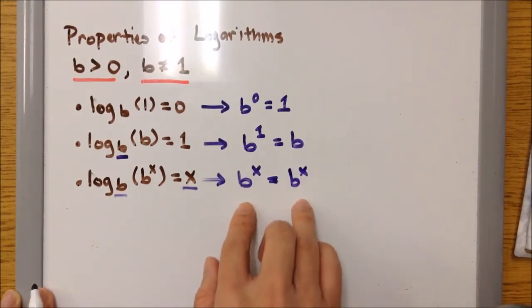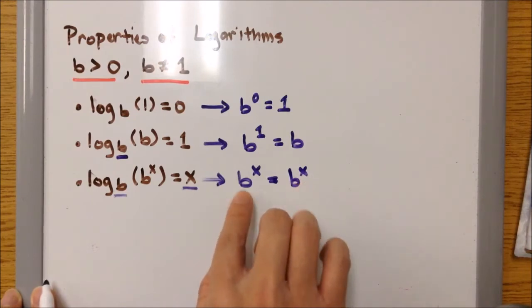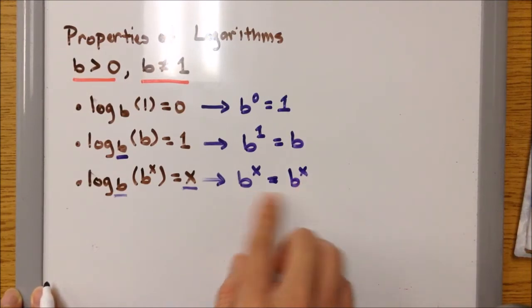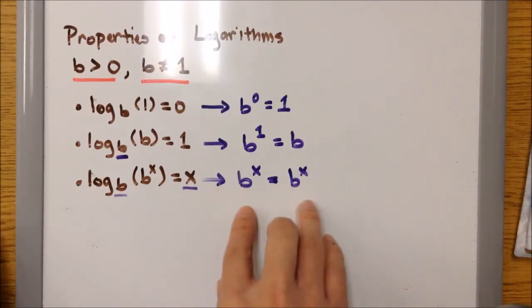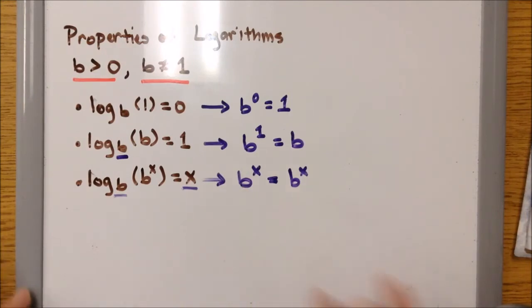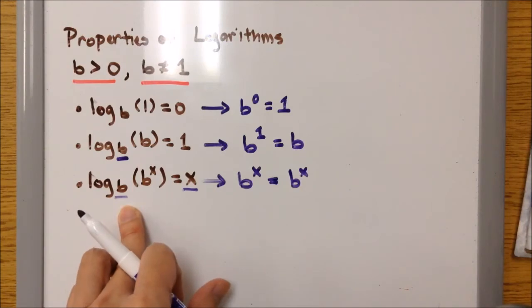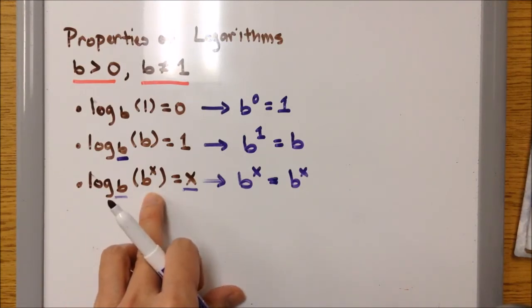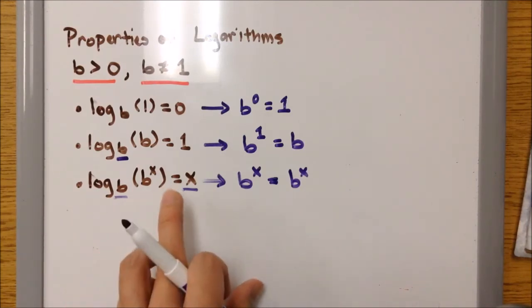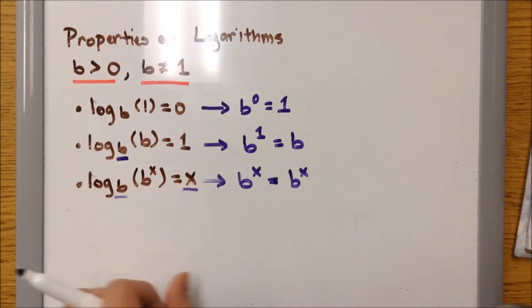So you can see here that b to the x is on the left side, b to the x on the right side, and they're equal to each other. Well, that's true, because whatever equals each other has to be the same on both sides. So when you have log base b and it's the same base to the power of x, then it's simply equal to x, meaning the exponent.